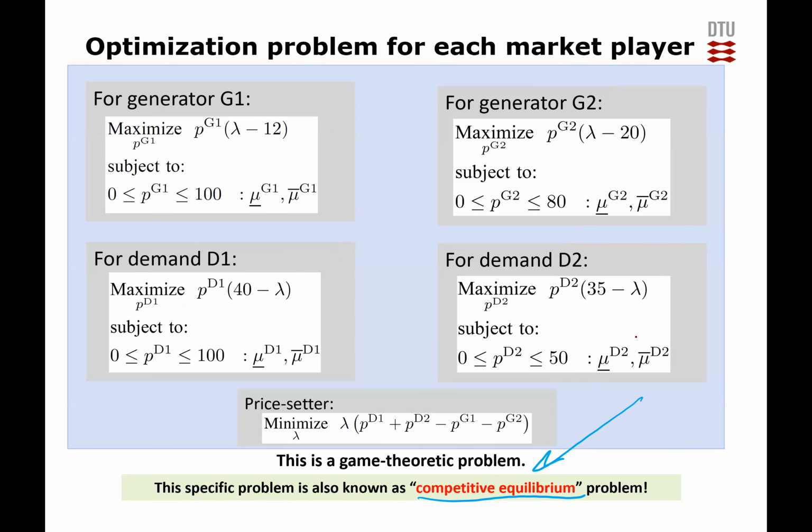Yeah, that's exactly my question. This is our problem. Is it GNE or is it NE? Is it Nash equilibrium or generalized Nash equilibrium?